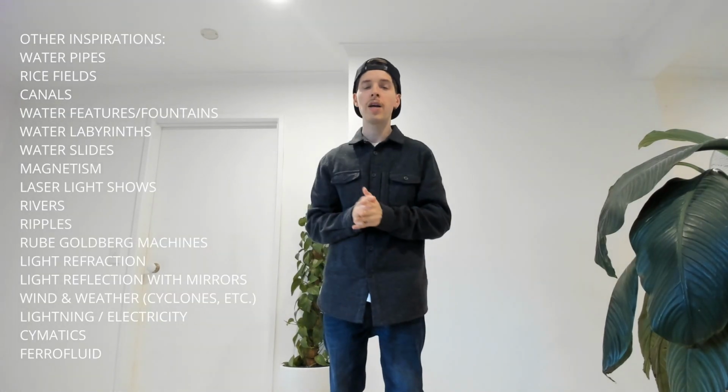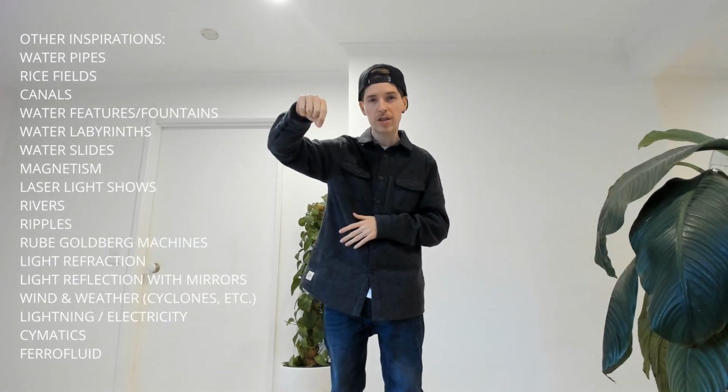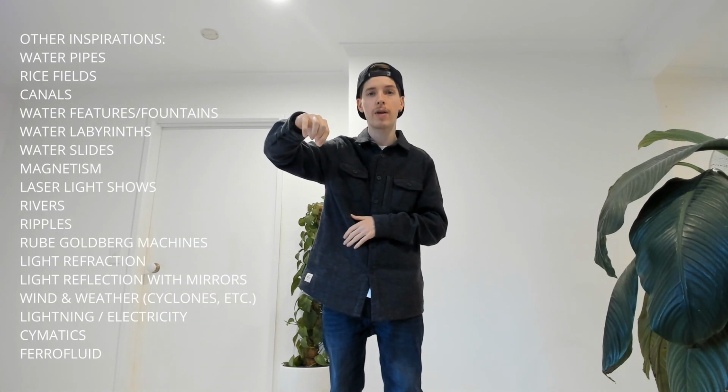Okay, so the way you think about waving, you gotta imagine it in different ways. You gotta think about water slides, rivers. If I was to drop a stone in water, what would happen? The waves would actually form ripples, which is a type of wave. It would be circular in shape. So now this wave has become a circle, like a ripple.